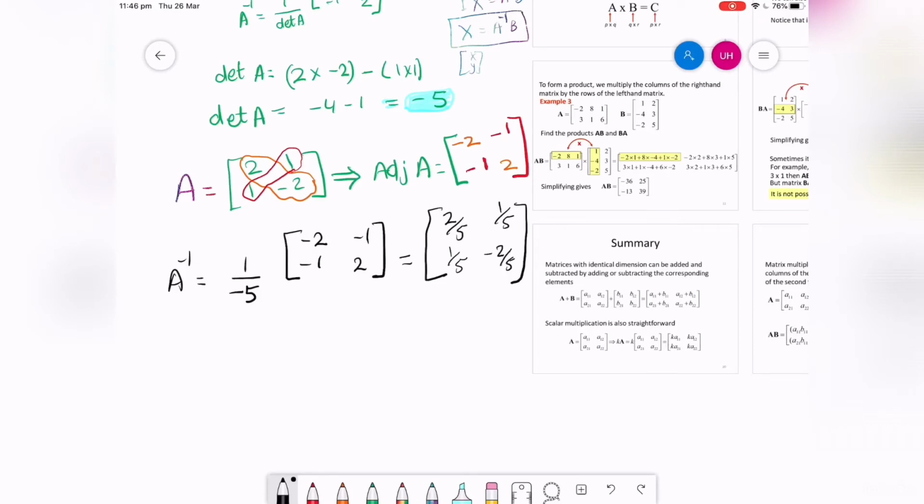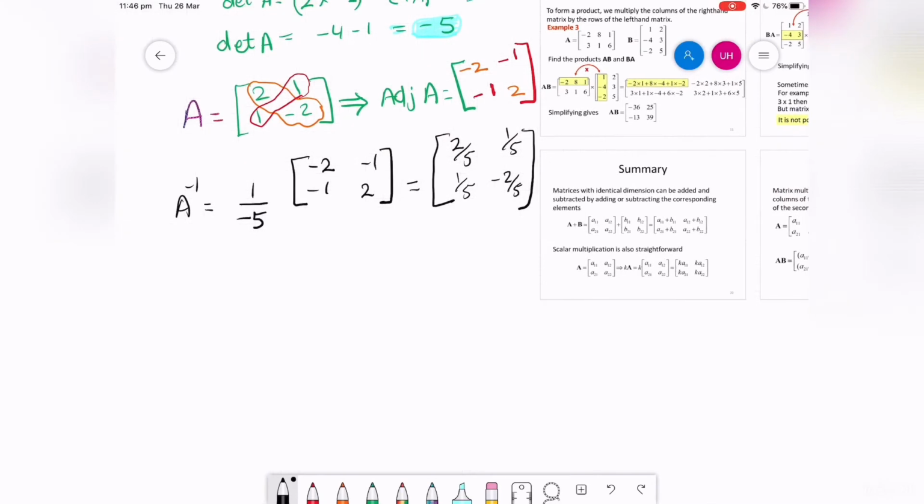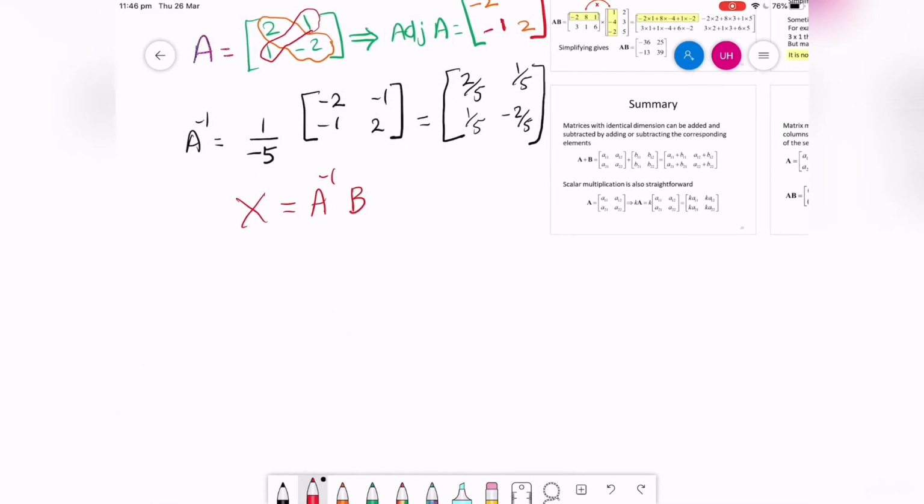We want to find X, the matrix X. As we said before, X matrix equals A inverse multiplied by B matrix, which has the answers from the equations. So I'll write X as a matrix, X and Y, equals A inverse, which we found already.